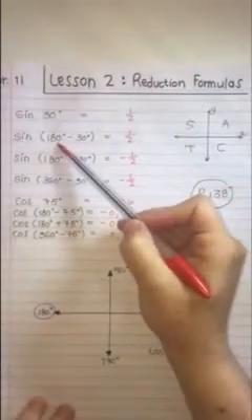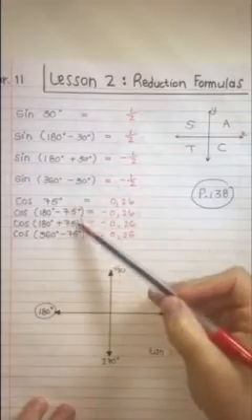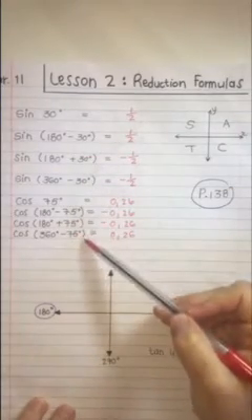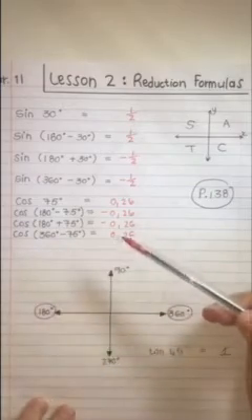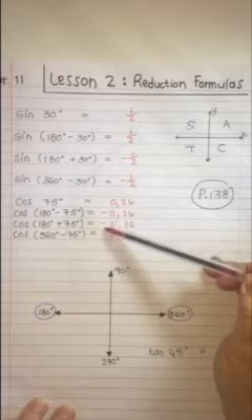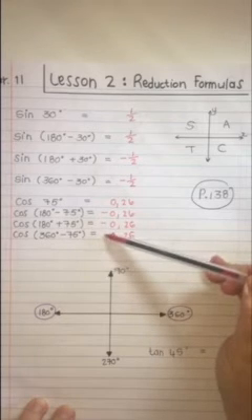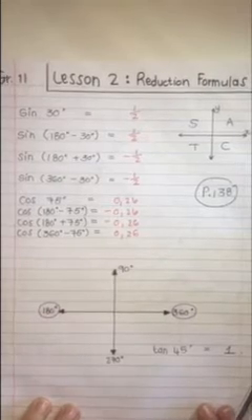We always use 180 and 360, and then from there on we use an angle. We add it or we subtract it from 180 or 360. But now I'm going to show you why these answers are the same, but only the sign differs.